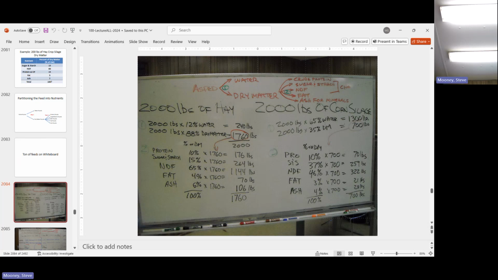So I've got to get my pounds of dry matter, right? So I take this 1760 and I bring it down here. 1760 is total dry matter. I've got to find out how much of that 1760 is each of my fractions. So I'm going to divide by 100 again and multiply by my pounds of dry matter.